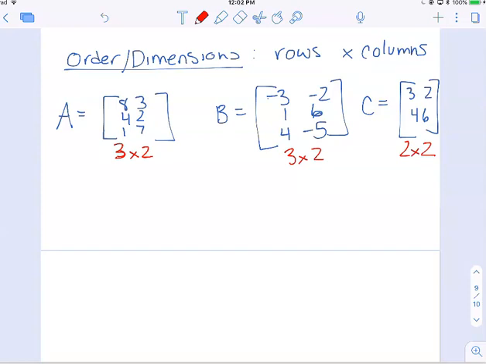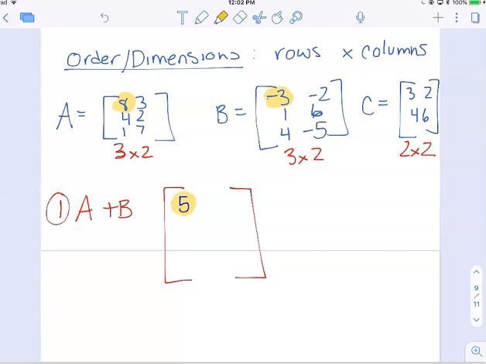So let's say the first thing we're supposed to find is A plus B. When you add matrices, you add element for element. So you would have this first element here. We'd take 8 and -3. So 8 and -3, we add those together, we get 5.